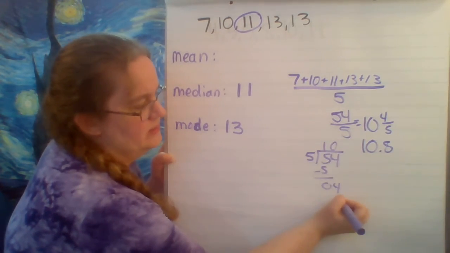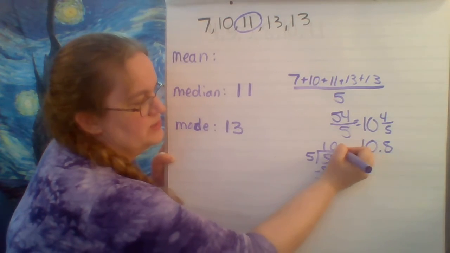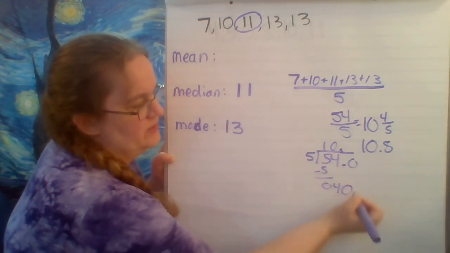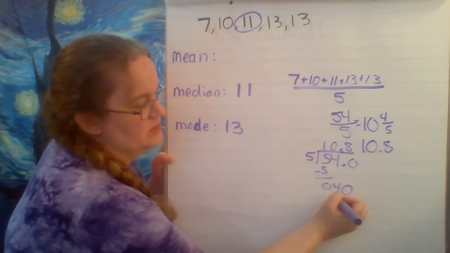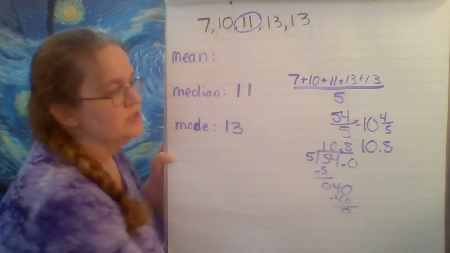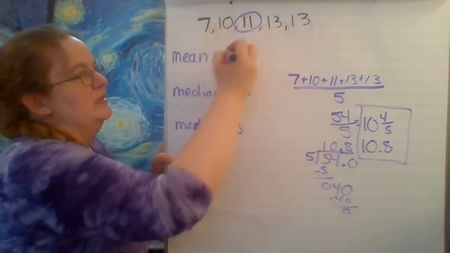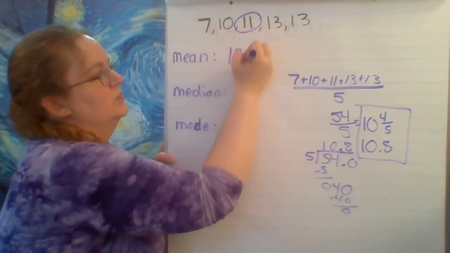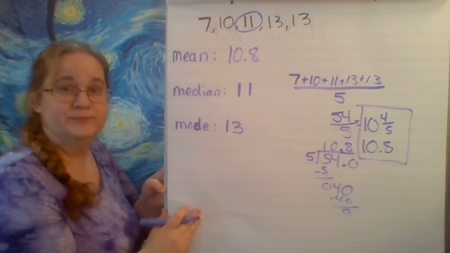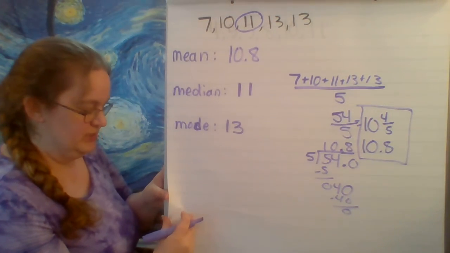Okay, it doesn't go in. I add a decimal point and a 0, so I can keep dividing. And 5 goes into 40 8 times. And so that's how I end up with 10.8. So either answer is correct, and that would be your mean, 10.8. Okay. Let's look at one more example.